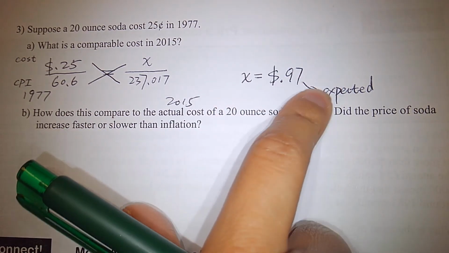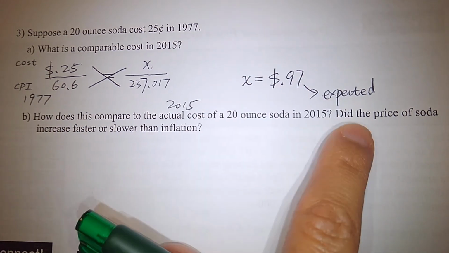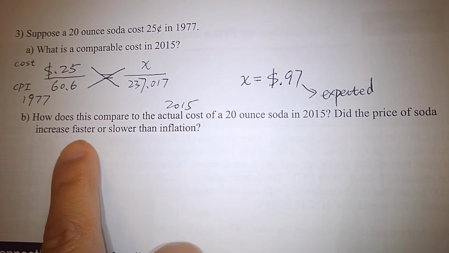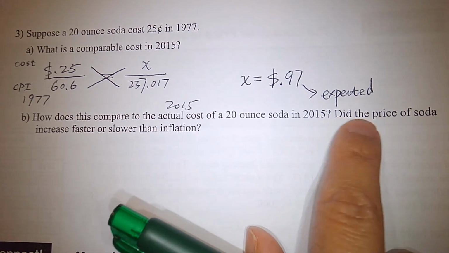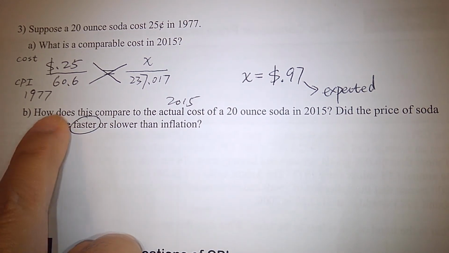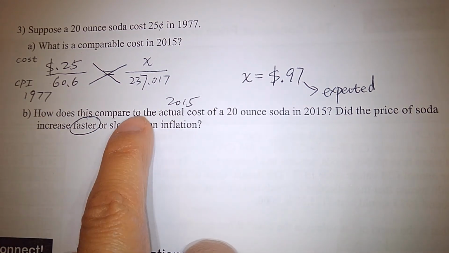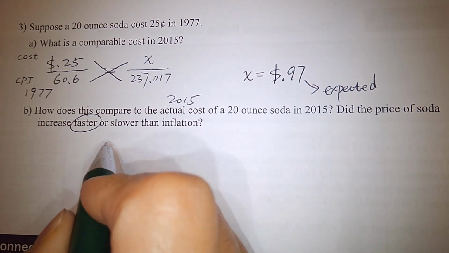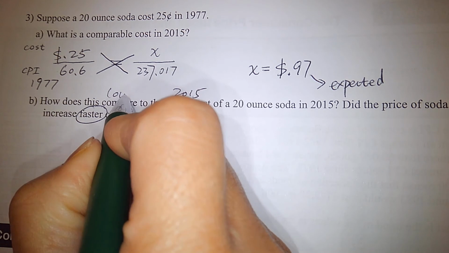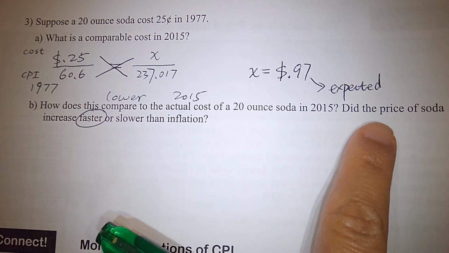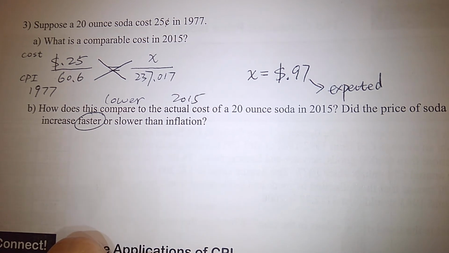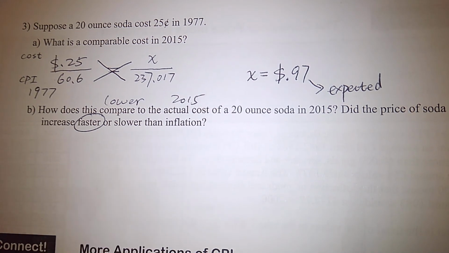This is the inflation result, right? So the actual price is what? Higher, or you say the price of soda increased faster than inflation. And how does this number compare to the actual cost? Lower. Okay, compared to the actual cost, lower, but the real cost increased faster than inflation. This makes sense, right? To answer the question, okay?